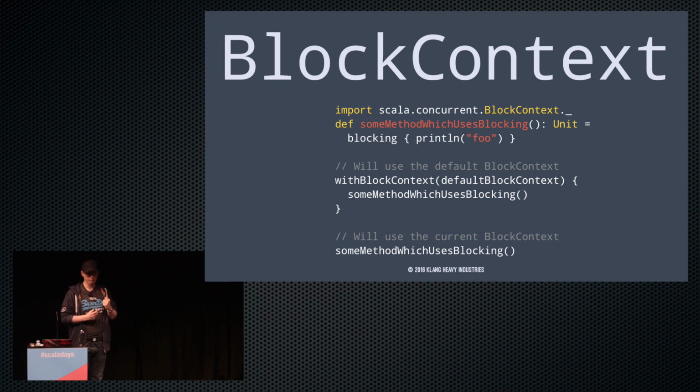And that is useful for many reasons. One is debugging. If I can install a block context that will print out before it tries to do any blocking, it's much easier to find out whether some blocking was involved or not. And this only works if you actually use the block context and the blocking construct here in the sub method, which uses blocking to do the demarcation of the blocking section. So you can wrap whatever blocking thing that you do in a blocking block.